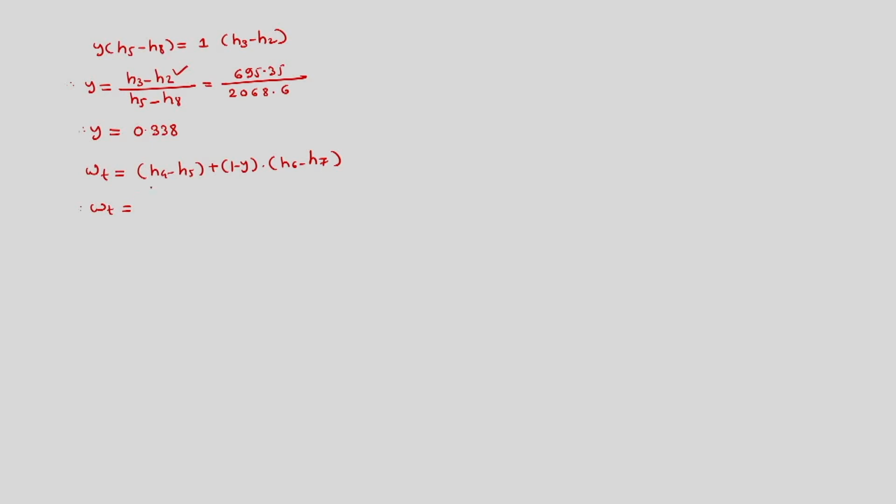So it is H4 minus H5, which is 433.412, plus 1 minus 0.338, into 3469.8 minus 2445.51, which is 680.12.